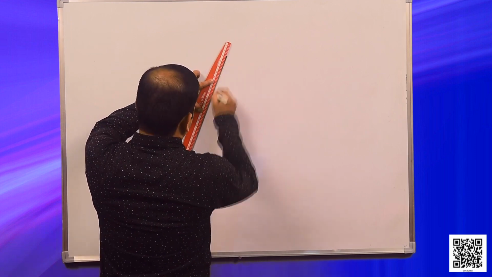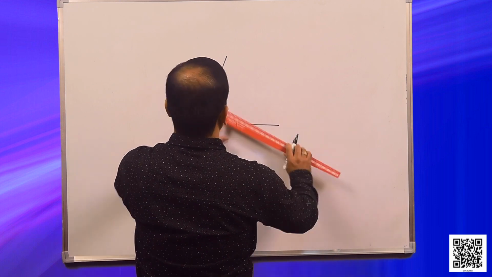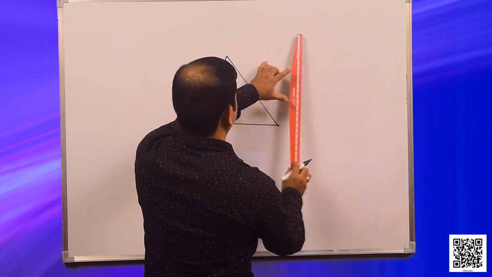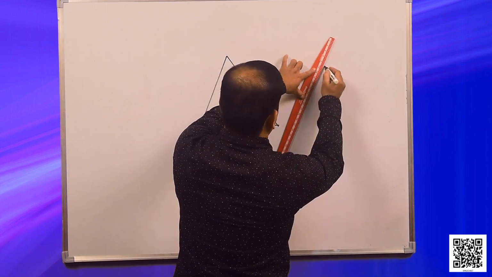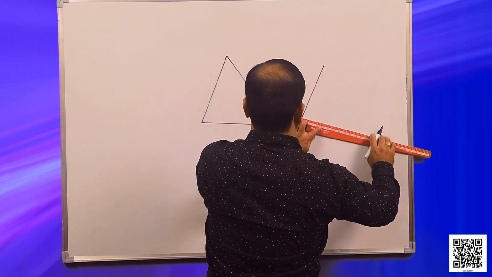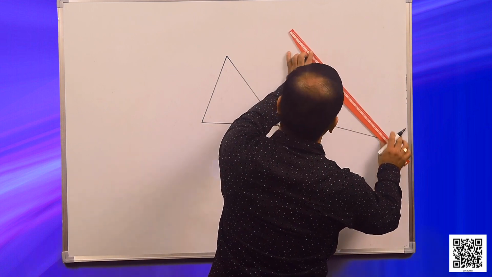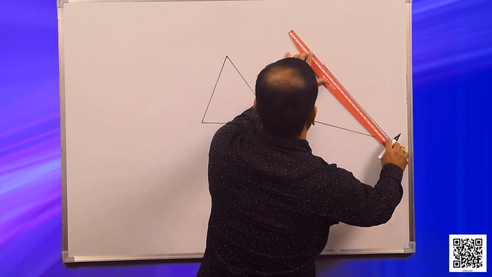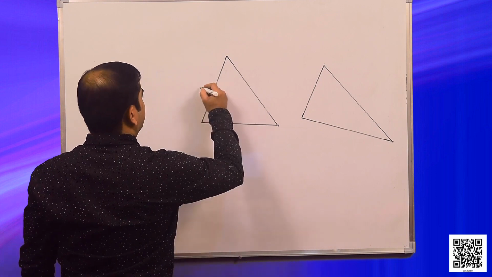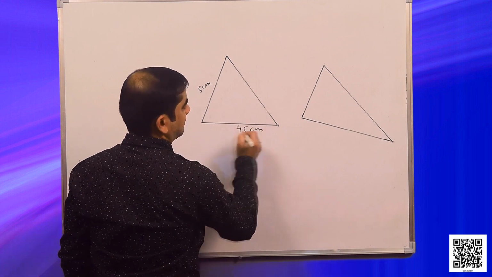See, we have two triangles. Okay, let us draw two triangles. Suppose this side is 5 centimeter and this is 4.5 centimeter.